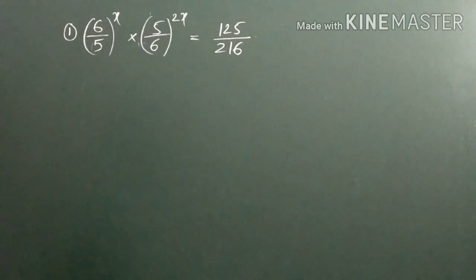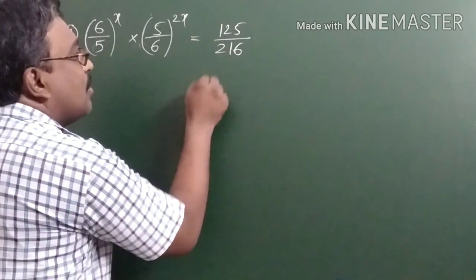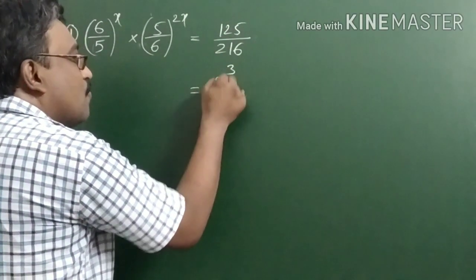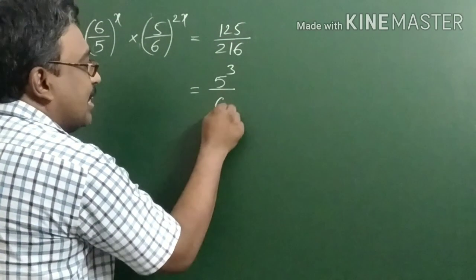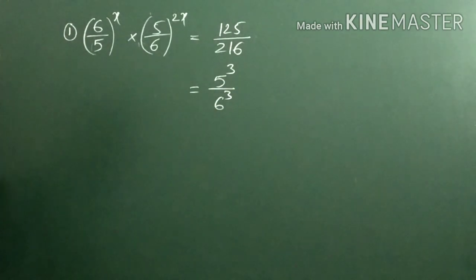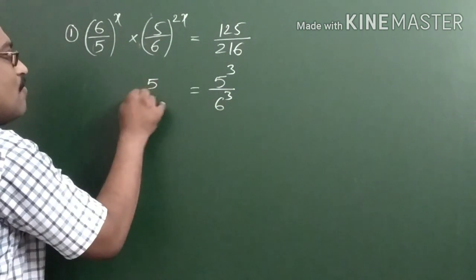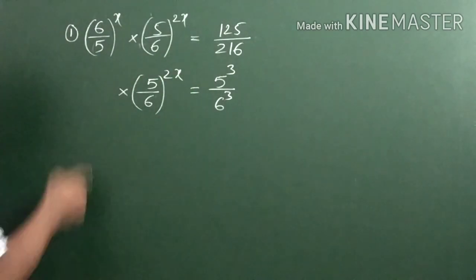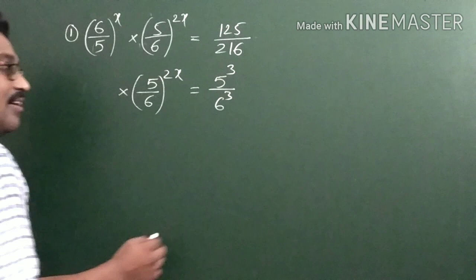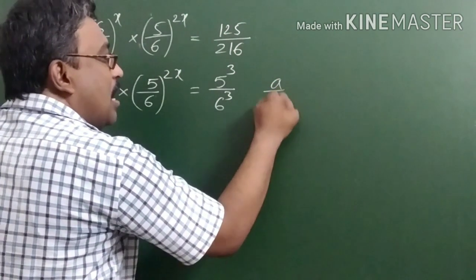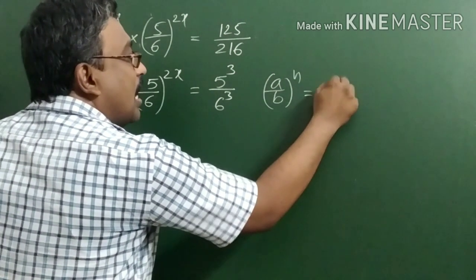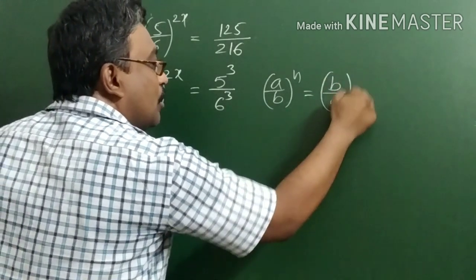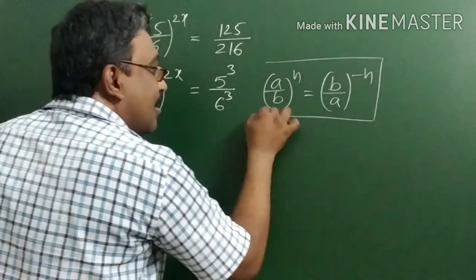Here is an example. Find x. Okay. Now look at the RHS: 125 is 5 cube, 216 is 6 cube. It is already there, 5 by 6 whole to the power of 2x. But here 6 by 5 is there. Then if a by b whole power n, you can write b by a whole to the power of minus n.